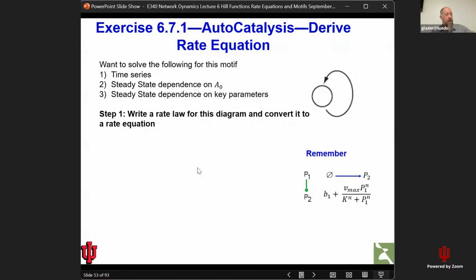B1 plus Vmax times A to the n over K to the n plus A to the n. That's it. That's all you have to do. So that's the rate law.